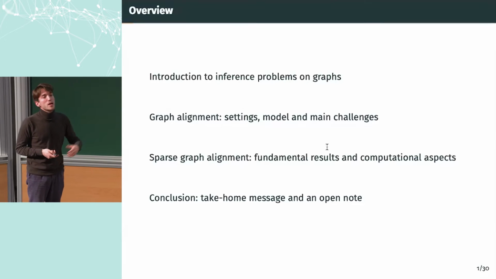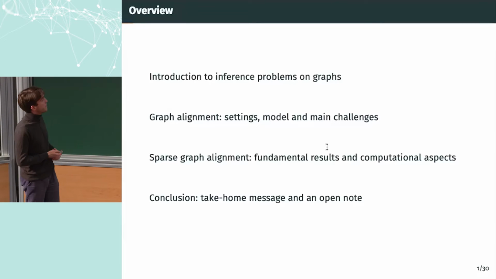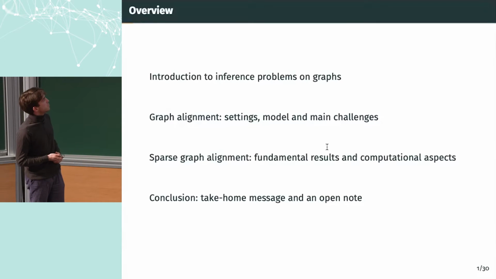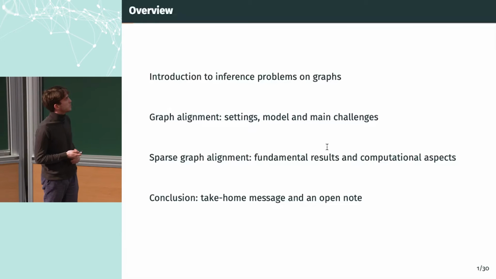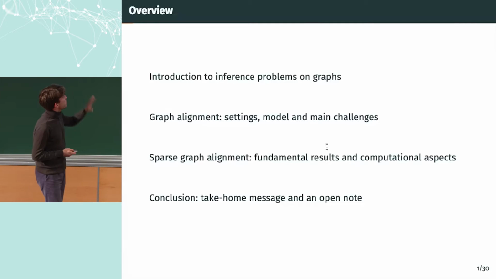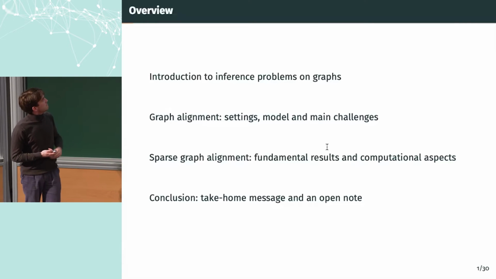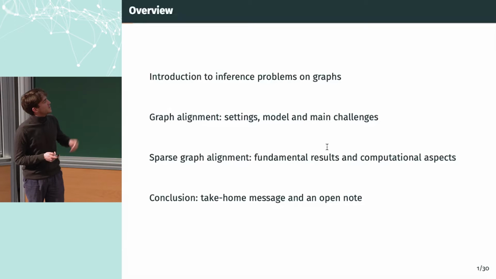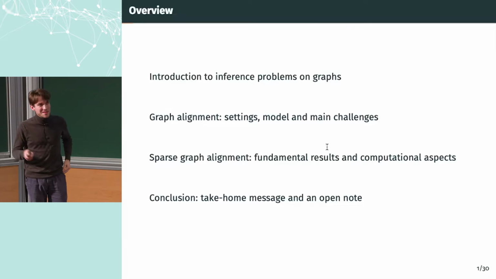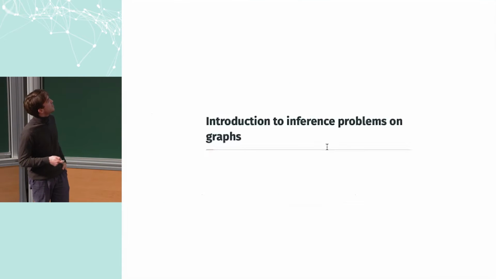And then I will talk about this problem more in depth, giving some fundamental and computational results. And if time permits, I will also conclude with an open note, but this is just if I can fit it in. Okay, so first of all, inference problems on graphs.